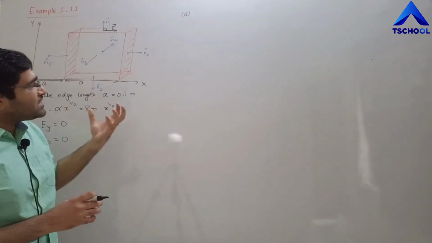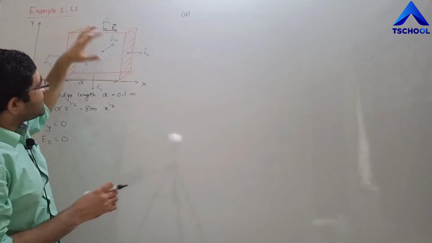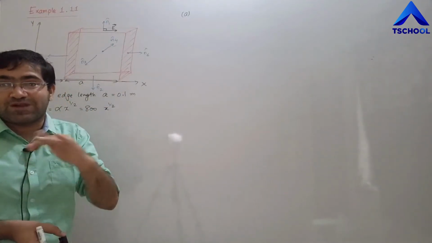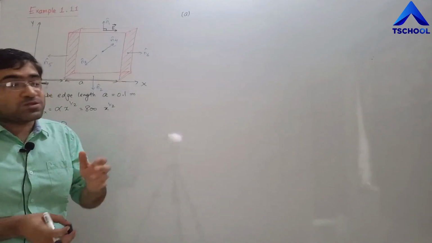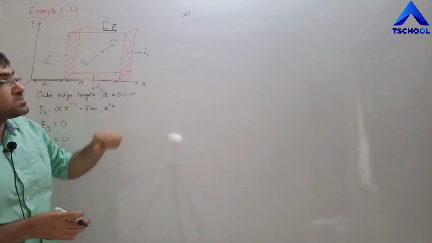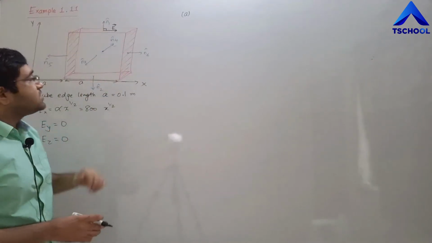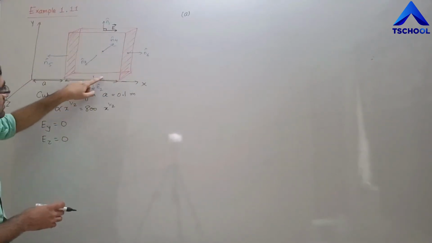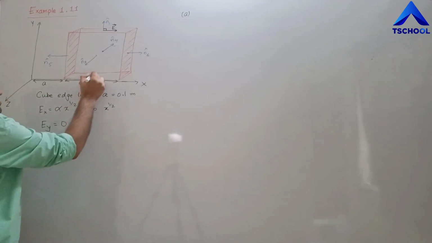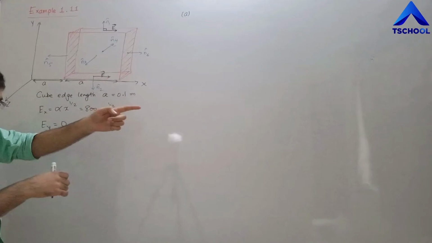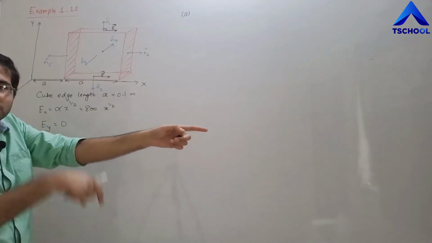Okay, see, the plan here is to divide this complicated shape into simple parts, into flat surfaces, right? A cube has 6 flat surfaces. We find it for this one, it's 0. Now let's go to the second flat surface, the one over here. Again, same problem, the electric field is in the right hand direction, along the x axis, but this normal vector is pointing downwards, right?